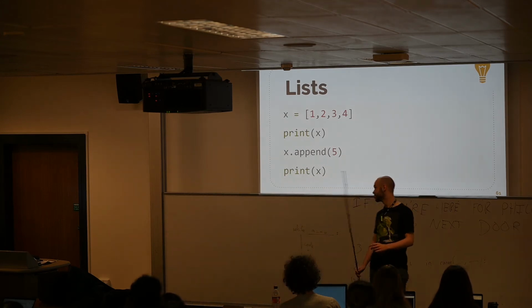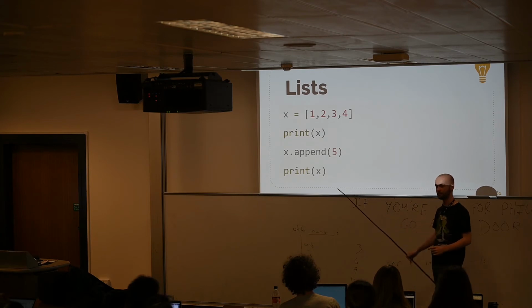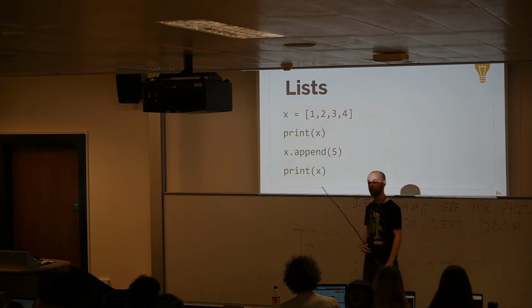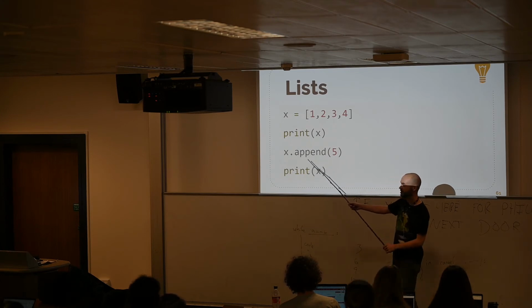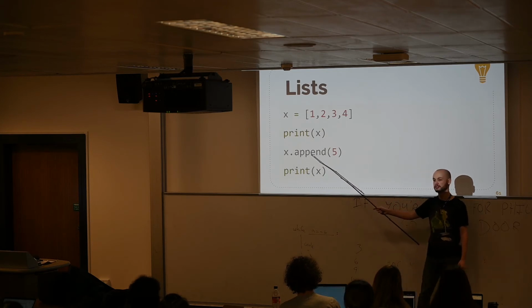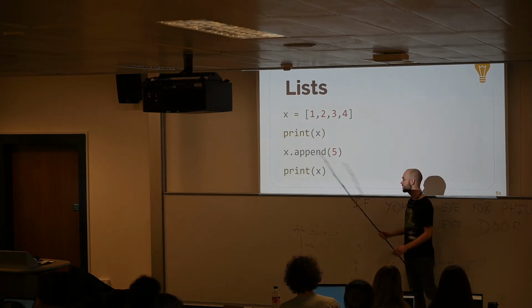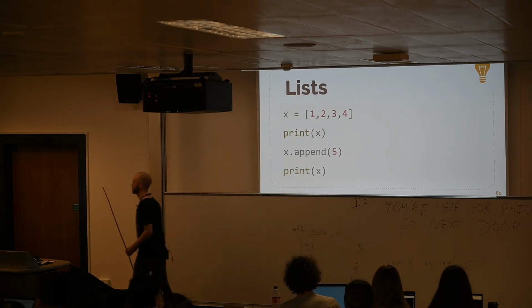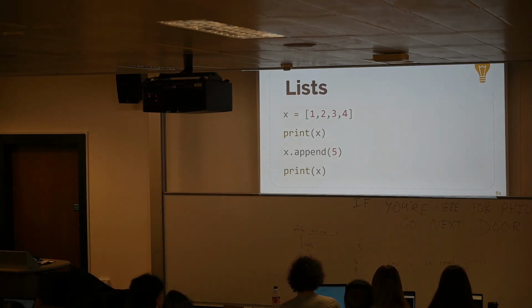So this append function here, this does exactly what you think it does. It appends something to the list. The thing we've not seen before, or we've not really talked about before, is this kind of notation. So here we've got x dot append. Now x we know is a list. And append is what we call a method for lists, which means it's a thing lists can do.